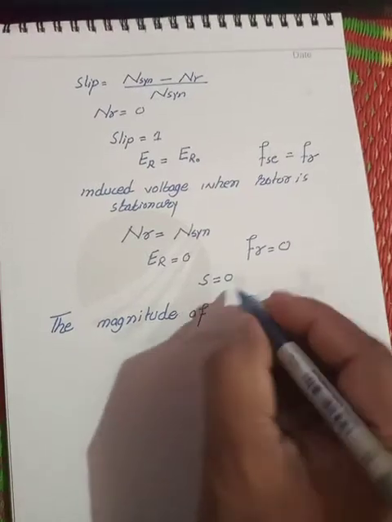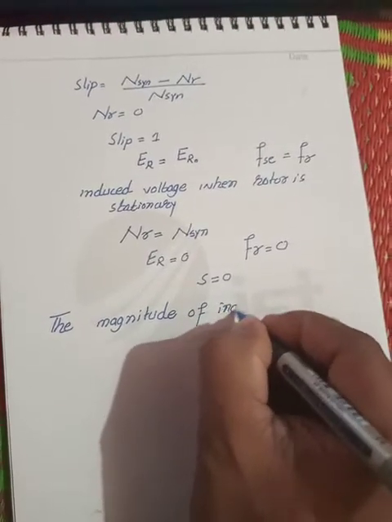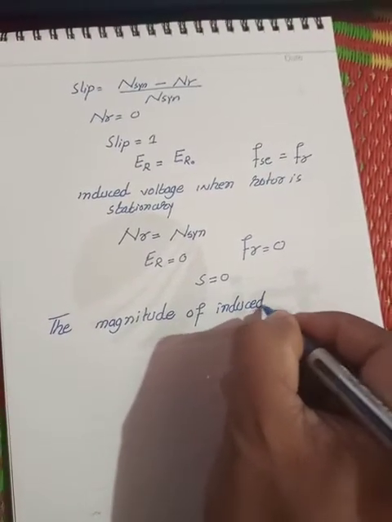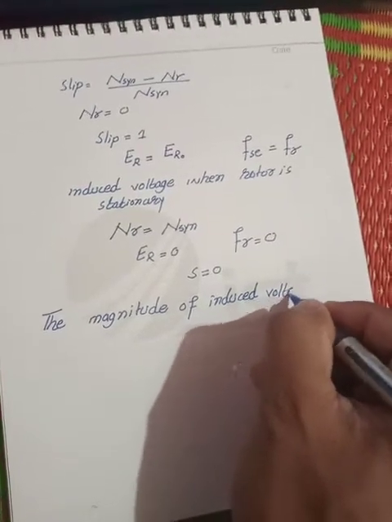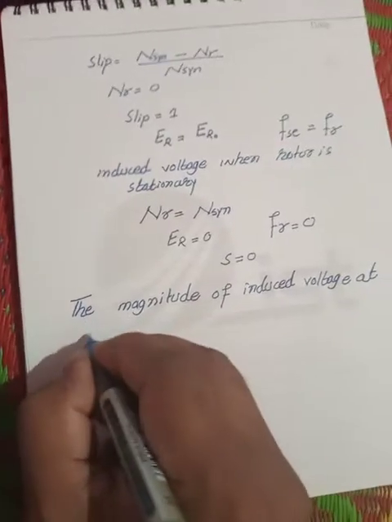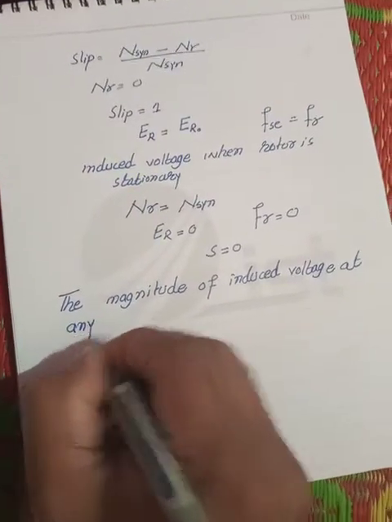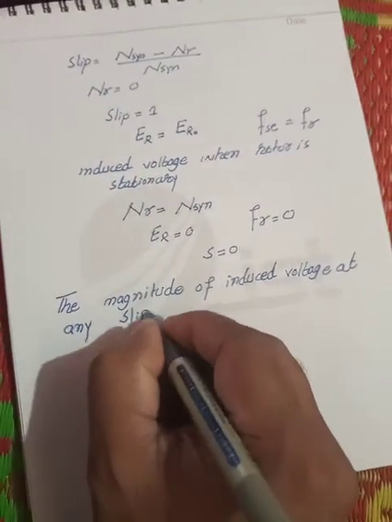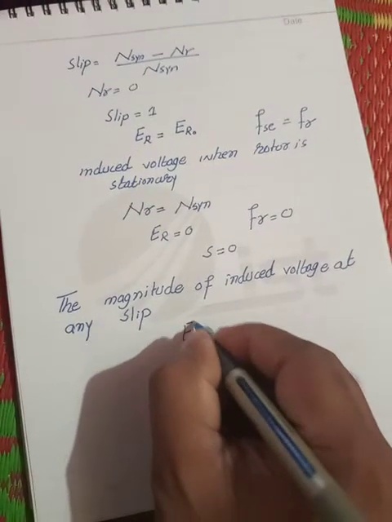Now the magnitude of the induced voltage at any slip is what?